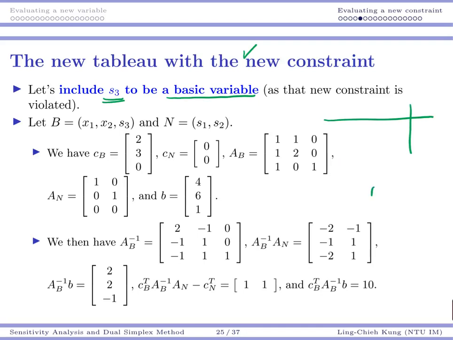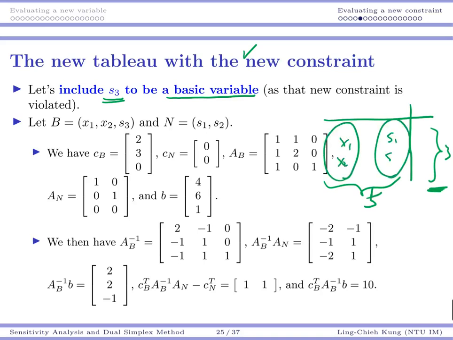Now we have our third constraint, so we have 3 constraints and 5 variables. In that case, we need 3 basic variables, okay? So we have x1 and x2, they are basic. We have s1 and s2, they are non-basic. Now we have a new one. It's natural to add it into the basic part because we need 3 basic variables. So let's say S3 is basic.